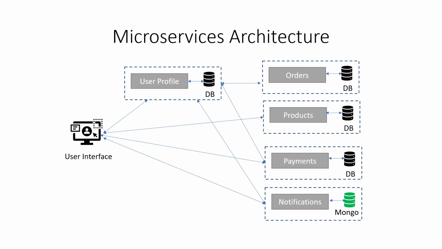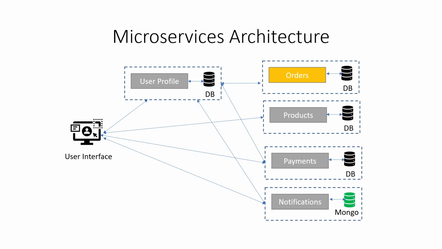You can have different kinds of databases for your separate microservices. You can also update the technology stack very easily because you can make those changes module wise. If you decide to move the orders module from, say, Java Beans to Spring Boot, you can do it. That consumes less of your time.